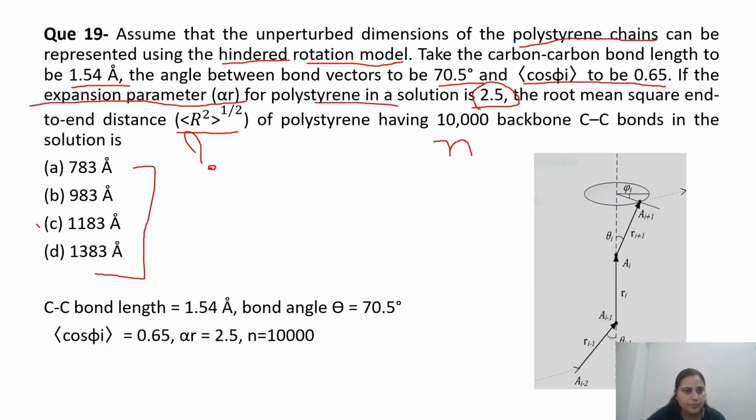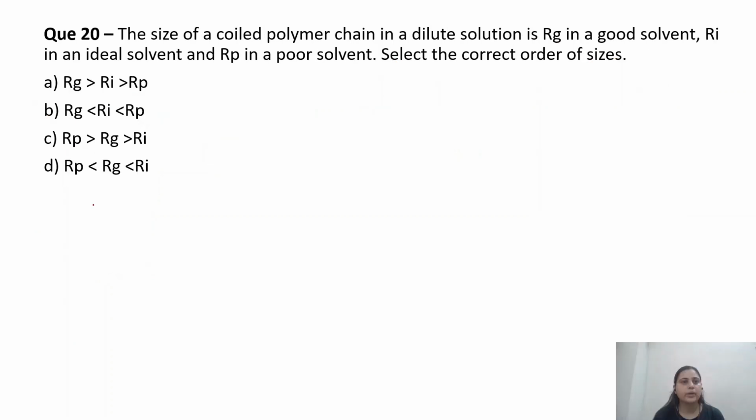Now let's discuss question number 20. The size of a coiled polymer chain in a dilute solution is Rg in a good solvent, Ri in an ideal solvent, and Rp in a poor solvent. Select the correct order of sizes.